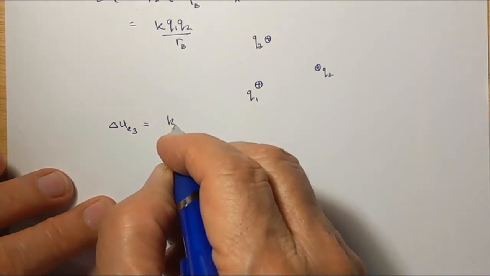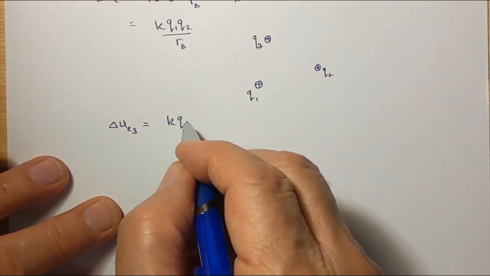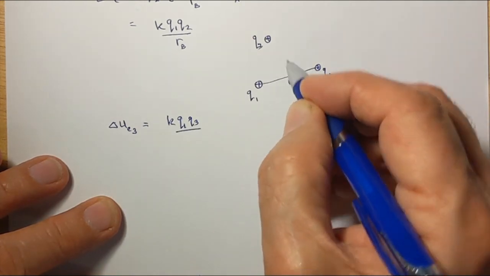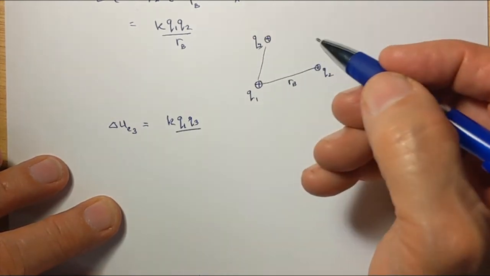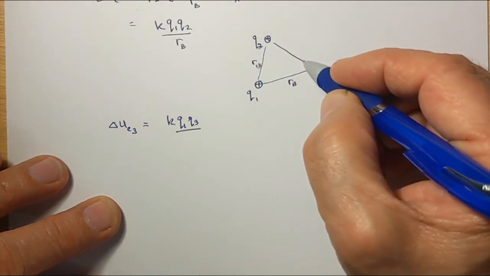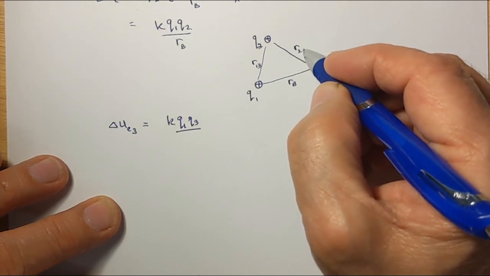It's going to be K Q1 Q3 over, now this distance, let's call that distance R13, and this distance is R23.